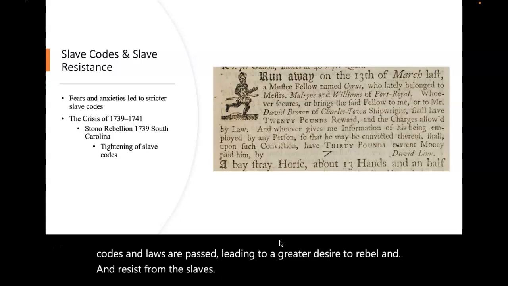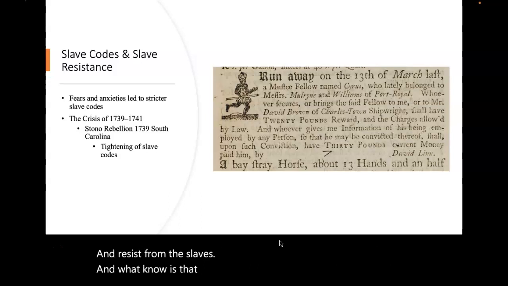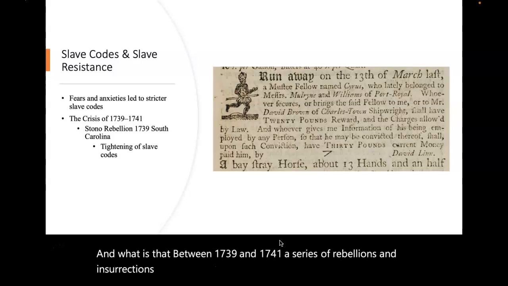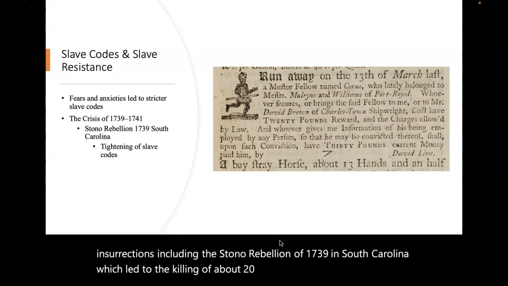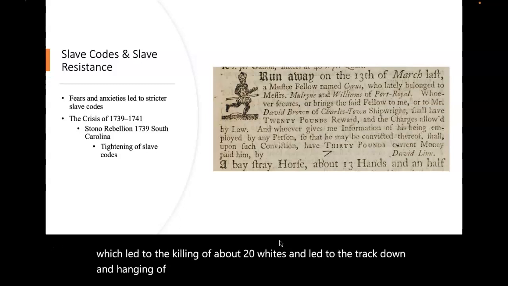And what historians know is that between 1739 and 1741, there was a series of rebellions and insurrections, including the Stono Rebellion of 1739 in South Carolina, which led to the killing of about 20 whites and led to the tracking down and hanging of the rebel slaves in South Carolina.